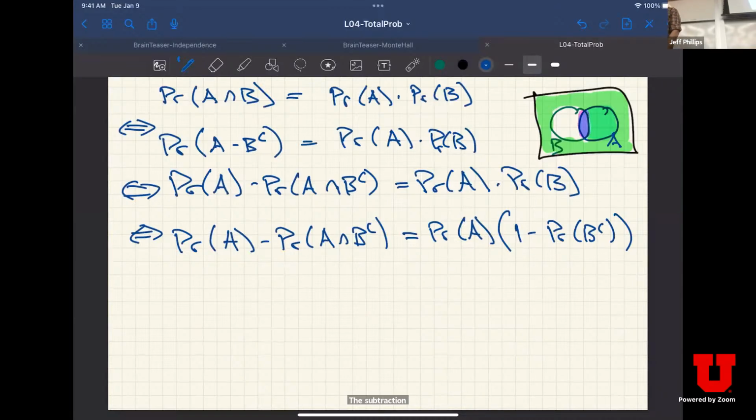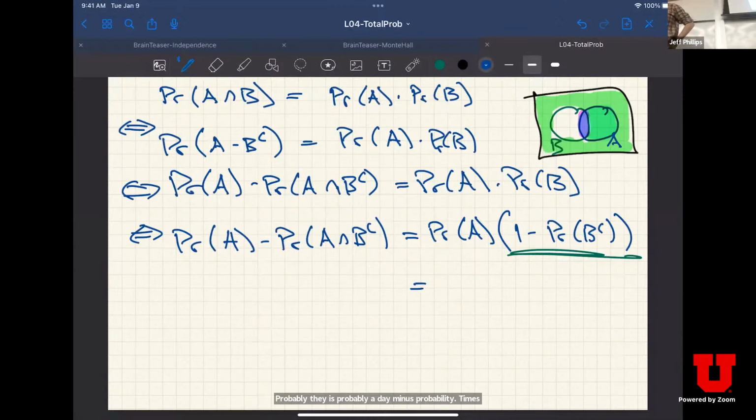Now, on that part on the right there, I can take this 1 minus and factor that out. 1 times probability of A is probability of A, minus probability of A times probability of B complement.